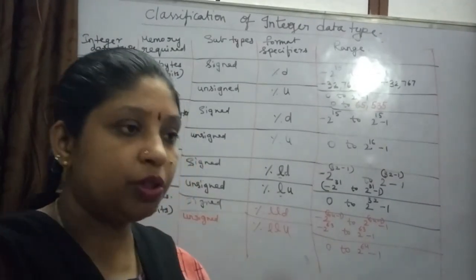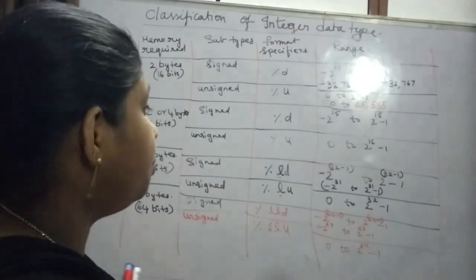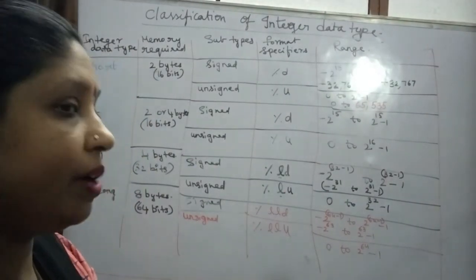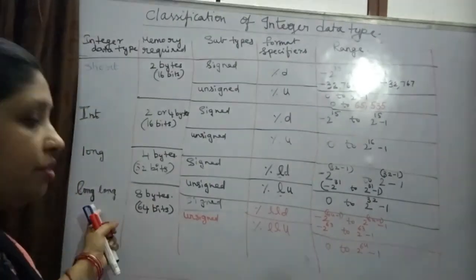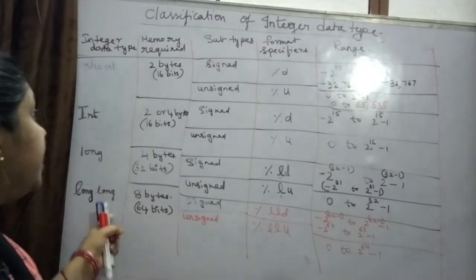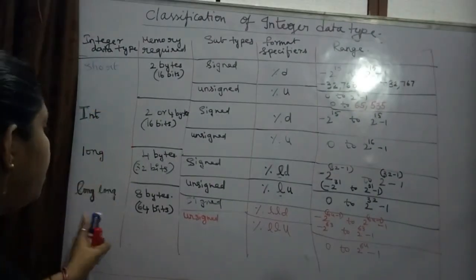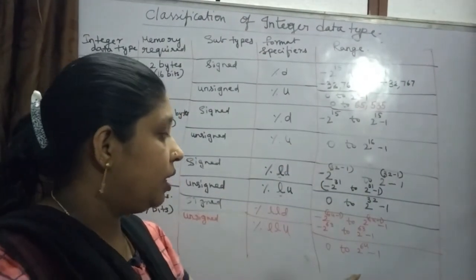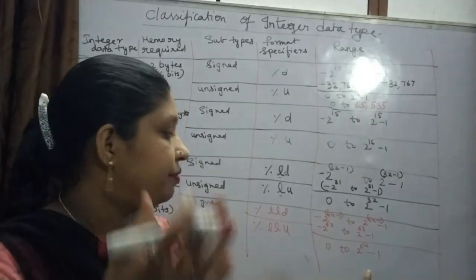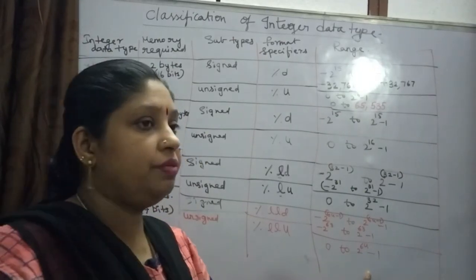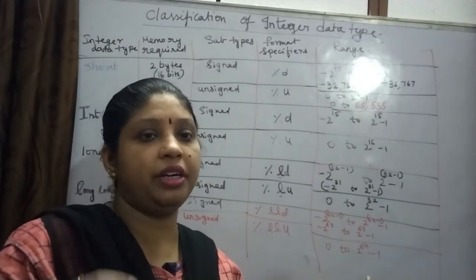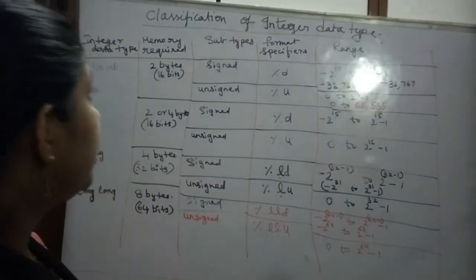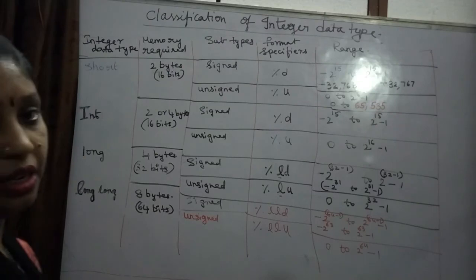For that purpose only I am giving this chart to you, so that you will calculate it and check how much value can be assigned for each data type, that is short, int, long. Above that range you cannot give the value. If you give, as I already said, it will throw some warning. Okay, this is the classification of integer data type.